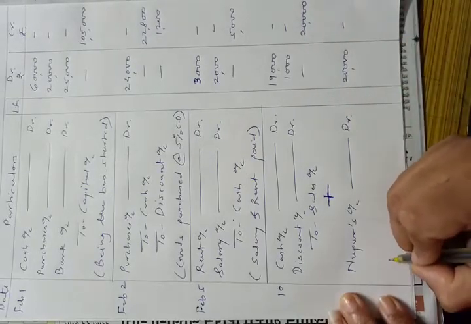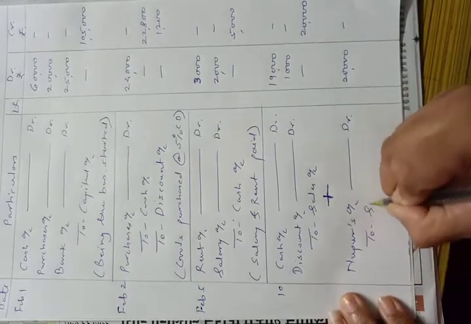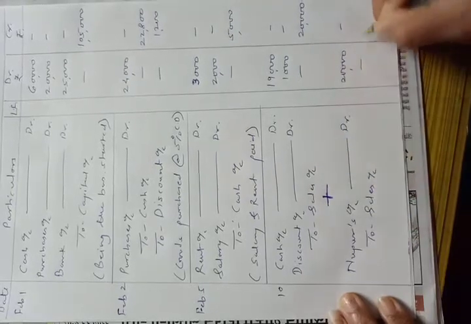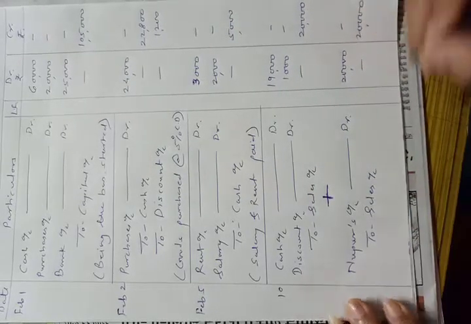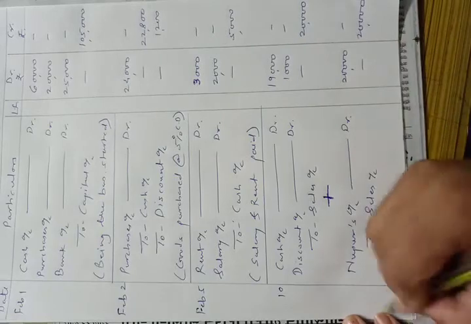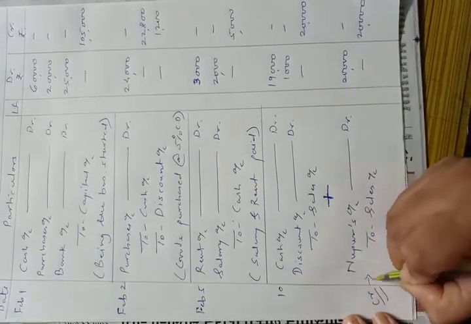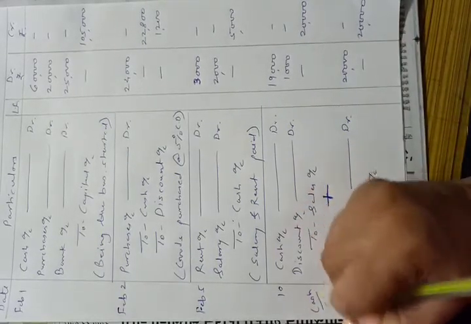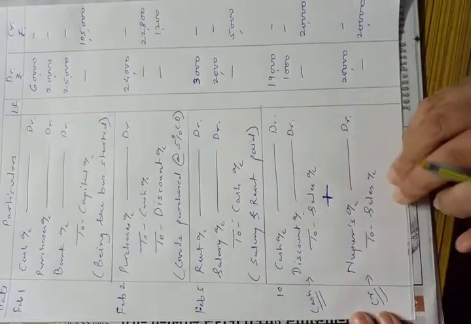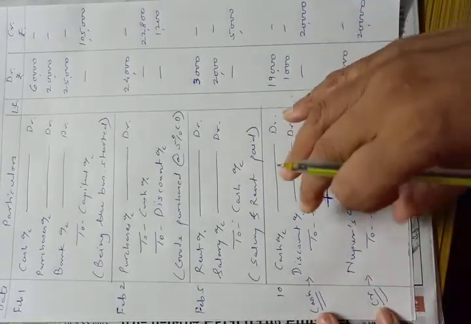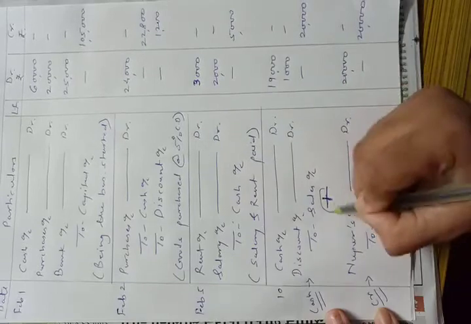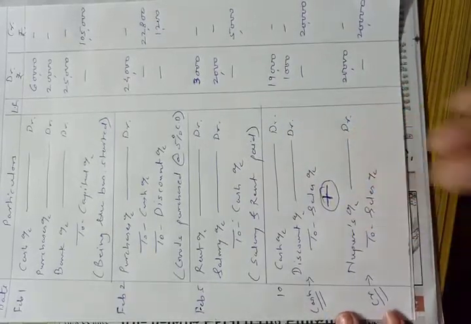We are selling goods to Nupur. To sales account 20,000. No cash account will be here because this is a credit transaction and this is a cash transaction. Understood?